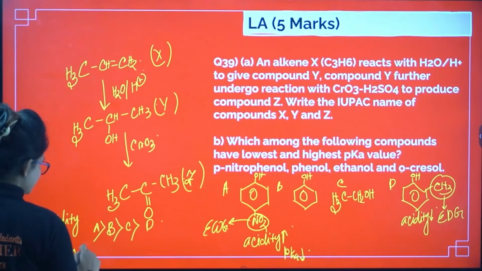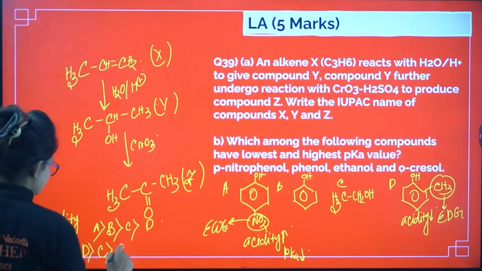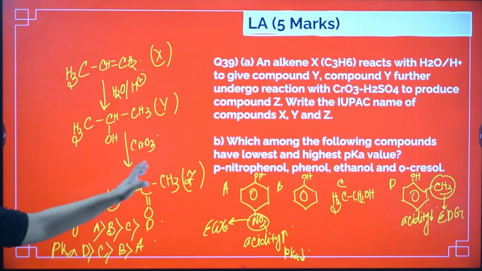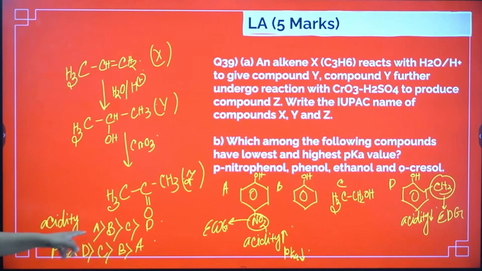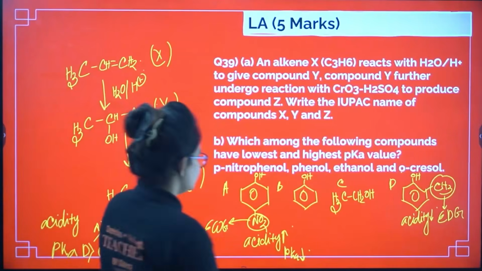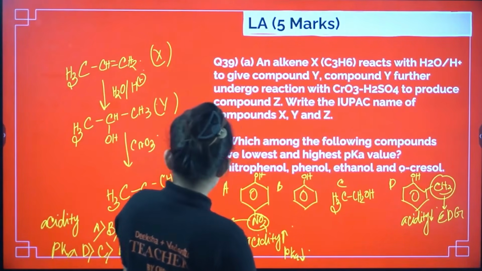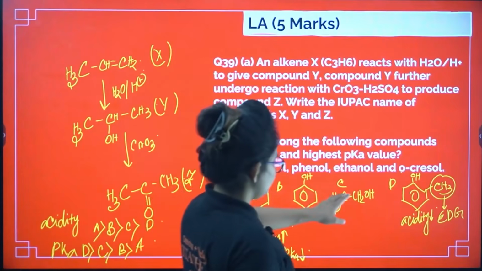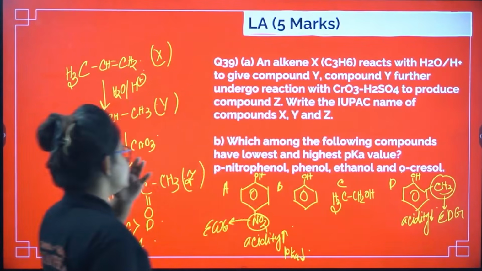The pK value will be more in D, then C, then B, then A. Just opposite, because for the lowest and highest pK value, the lowest pK value is for A and the highest pK value for D. I guess this is clear.